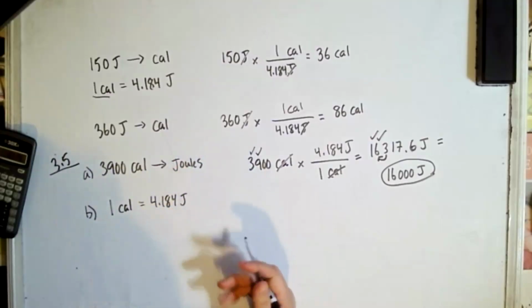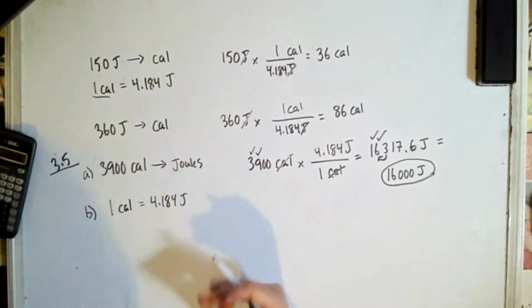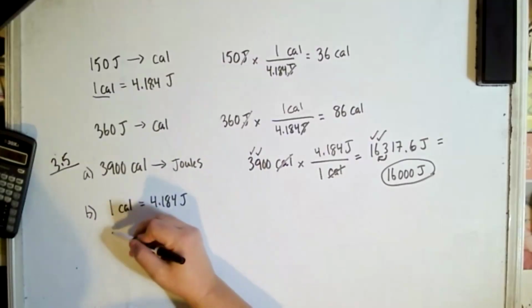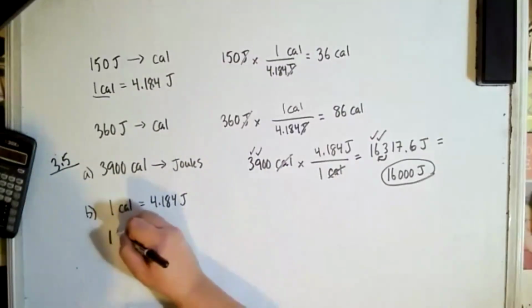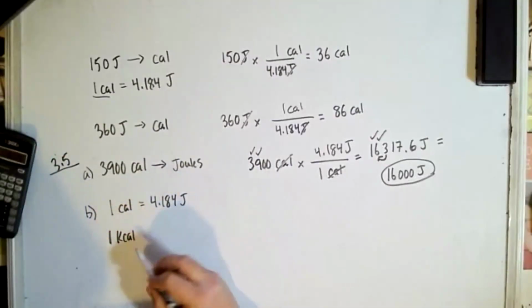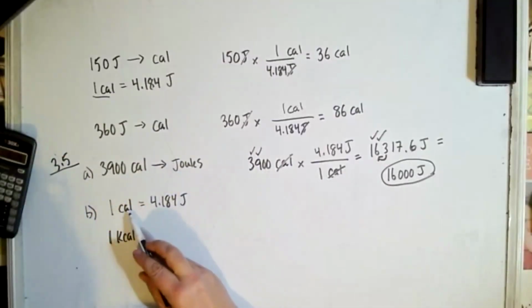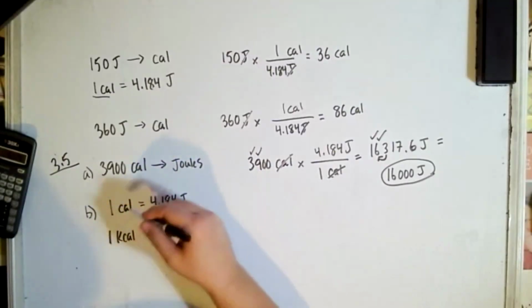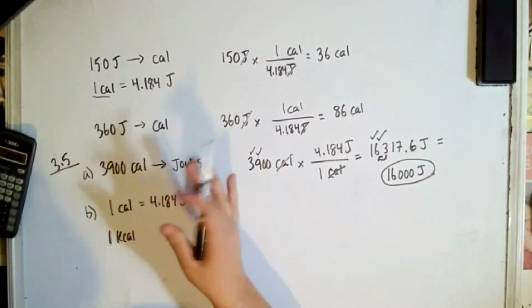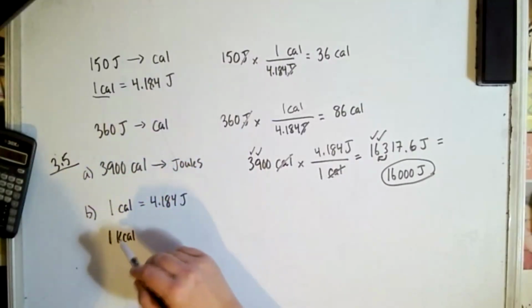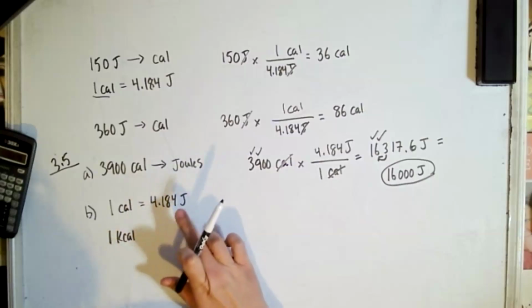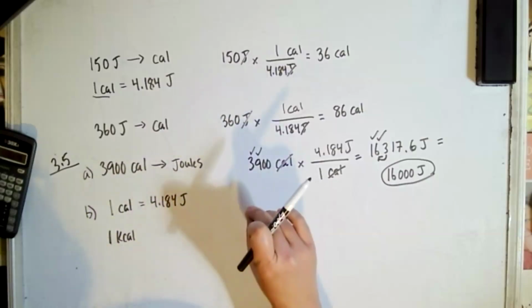When you look at kilocalories and kilojoules, remember the connection between those. We said that every 1 kilocalorie is going to be 1,000 calories, just like 1 kilojoule is 1,000 joules.